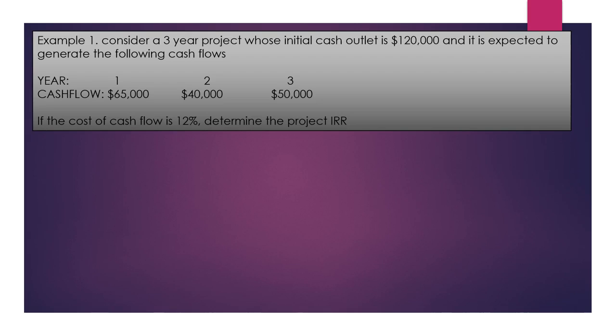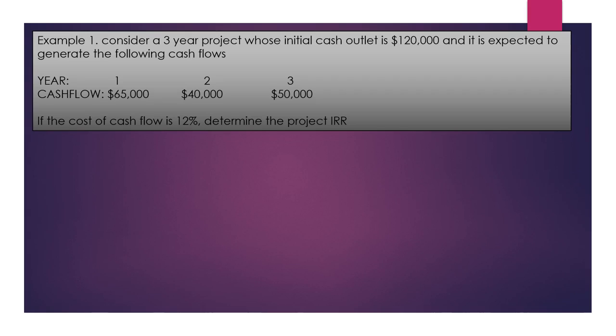In the second year, it is $40,000, and in the third year, it is $50,000. If the cost of capital is 12%, determine the project's internal rate of return, determine the IRR.